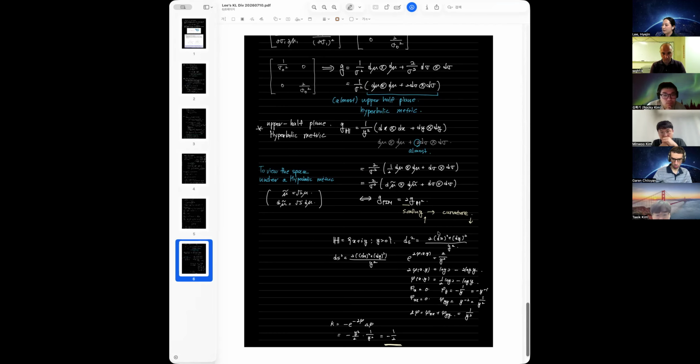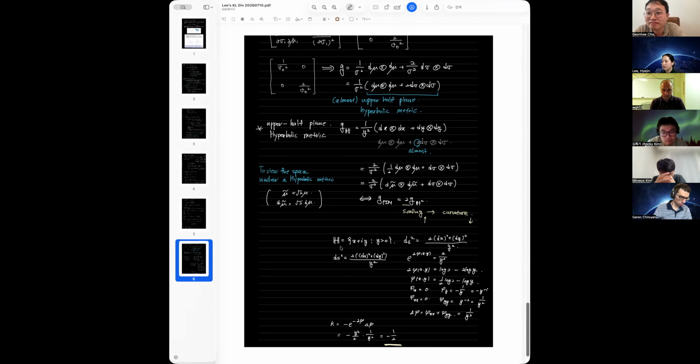We can compute to see how the curvature changes. Then we can compute the Gaussian curvature like this. After these calculations, I obtained 1 over y squared and the Gaussian curvature formula like this.